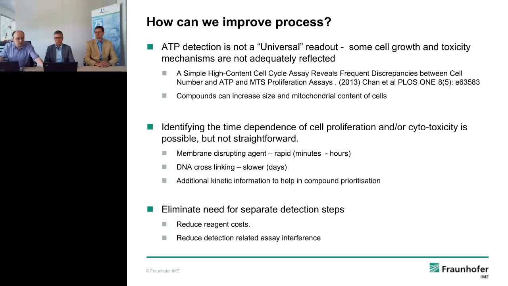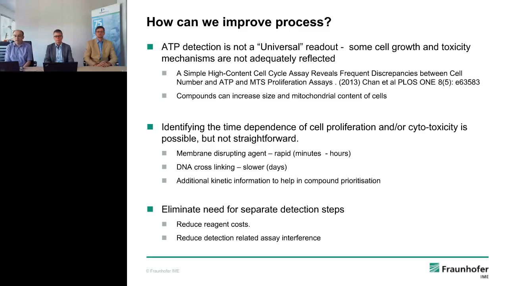But that's not all, and I think we need to understand how we can improve the process. ATP detection as a methodology is certainly not a universal readout, and some cell growth and toxicity mechanisms are not adequately affected. For those interested, I would direct you to a recent publication in PLOS ONE by Chan et al., which shows that some compounds increase the size of cells and also the mitochondrial content.